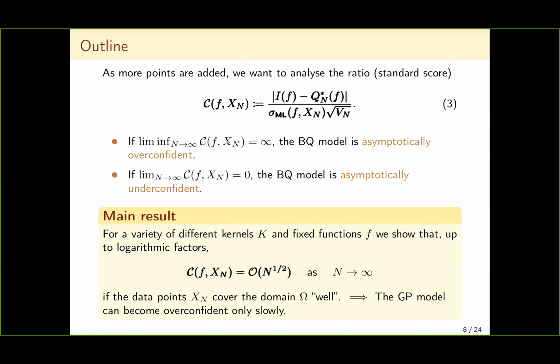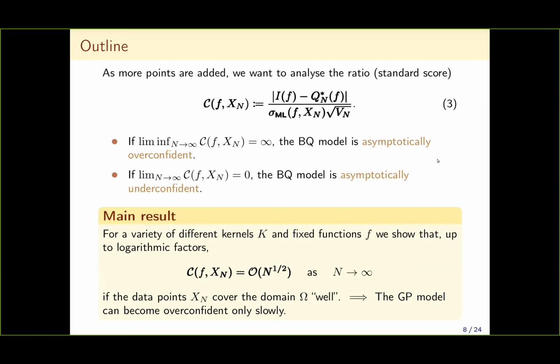If this ratio goes to infinity as we add more points, then the BQ model is asymptotically overconfident, because this means that the standard deviation decays faster than the true error. Our model thinks that there is less error than there actually is. Conversely, if this ratio goes to 0, then we are underconfident, because in that case the true error decays faster than the standard deviation.